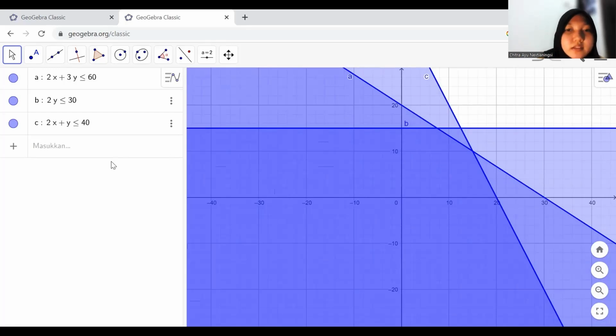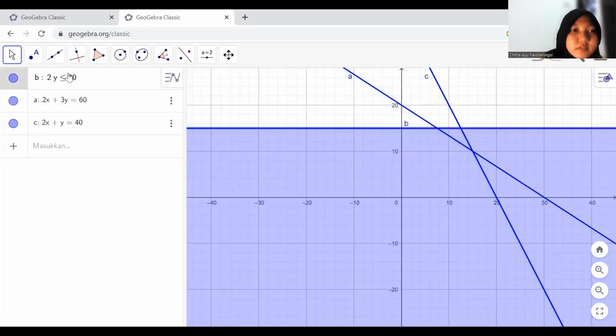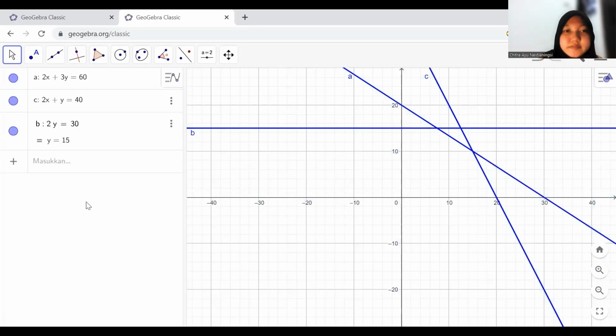To make it clearer to look at and easier to understand, I will change it to equals. And equals.